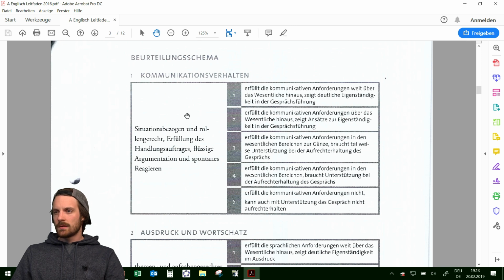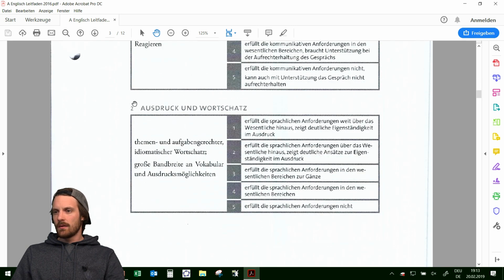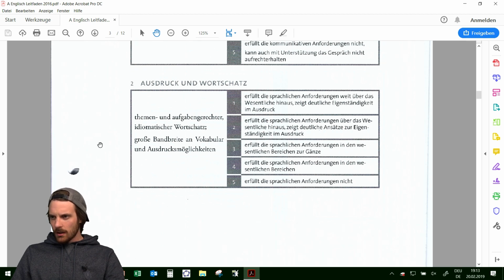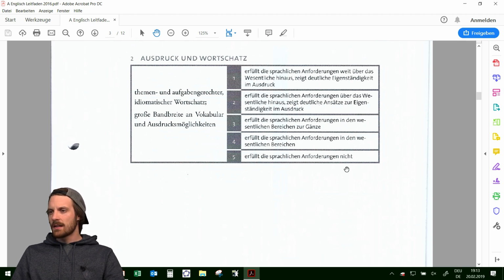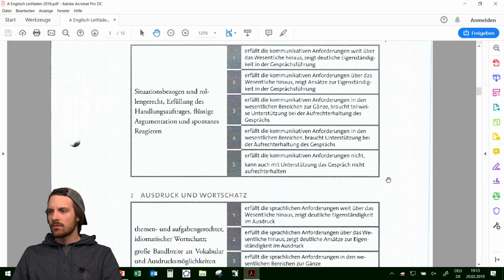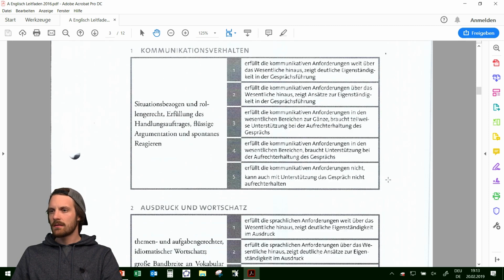And in this case there is Ausdruck und Wortschatz, so almost the same. If you have access to this document, or if the lecturer gave you this document, you can easily be assessed by someone else, maybe someone who has some knowledge of the language.